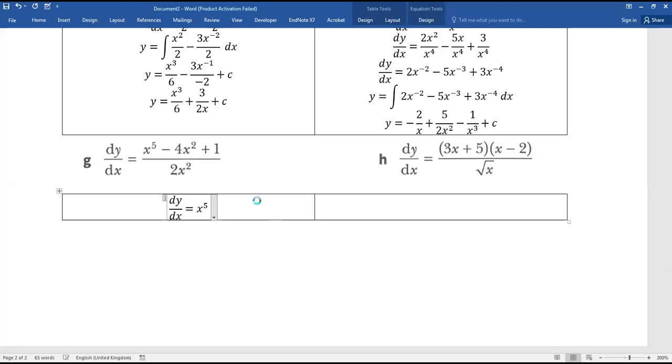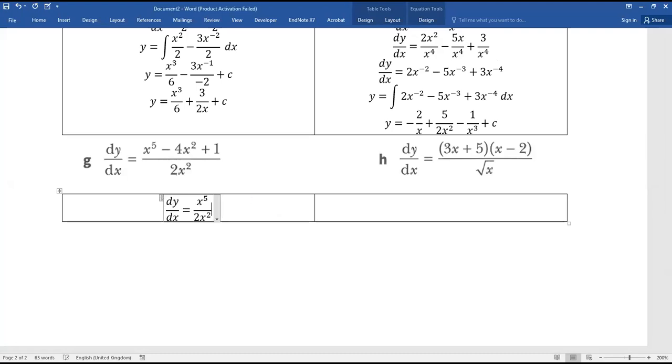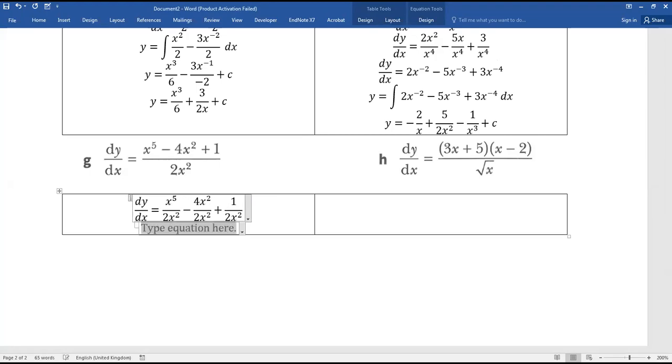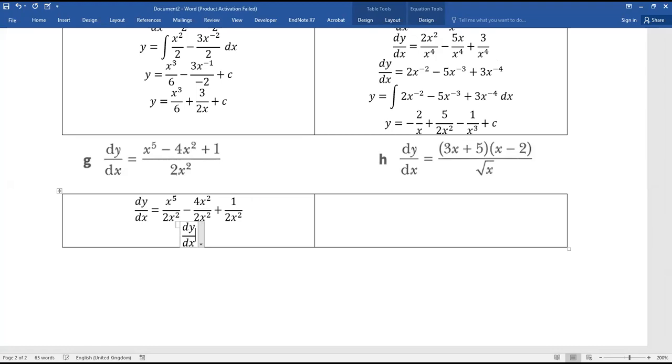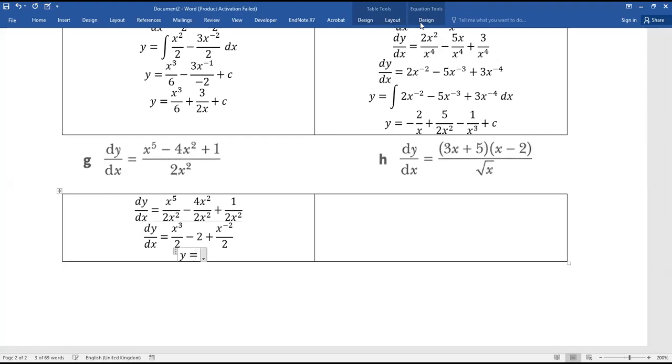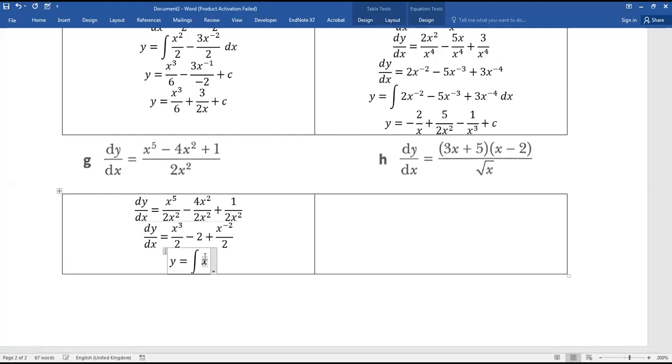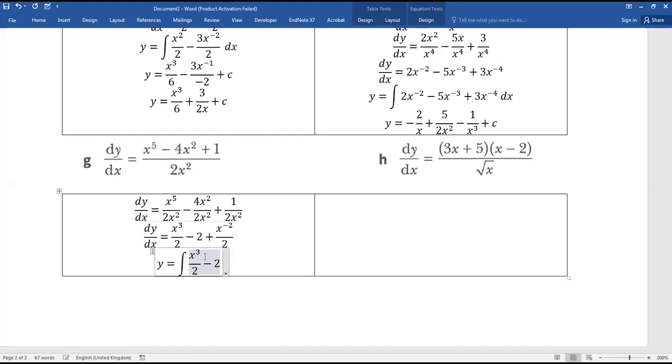x to the power 5 over 2x squared minus 4x squared. So dy by dx will become x to the power 3 upon 2 minus 2 plus x to the power minus 2. Now I can get y by integrating this entire dy by dx, which is x cubed upon 2 minus 2 plus x to the power minus 2, with respect to x.